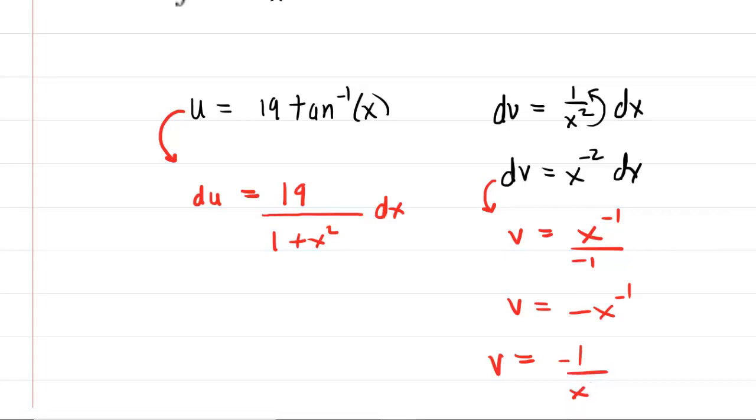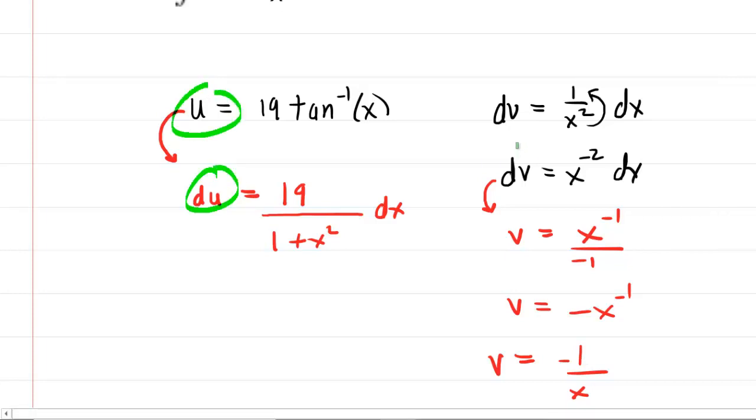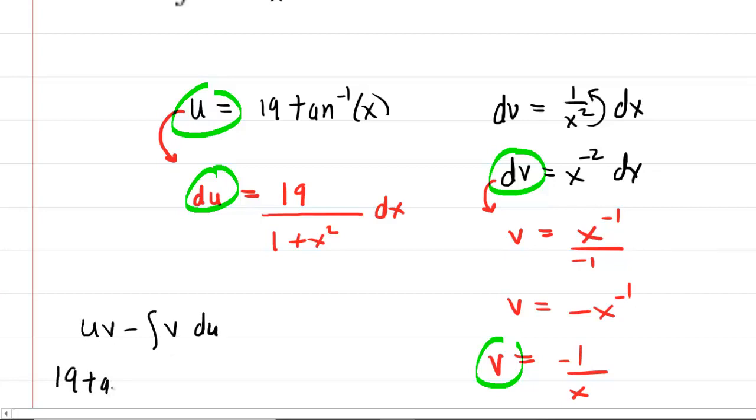So now that we have our u, our du, our dv, and our v, we can rely upon the integration by parts formula. And we remember that that is equal to uv minus the integral of v du. So here we go. U was 19 inverse tangent of x times v, which we determined was negative 1 over x.